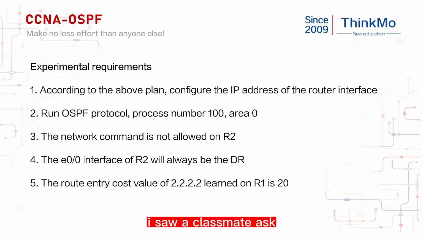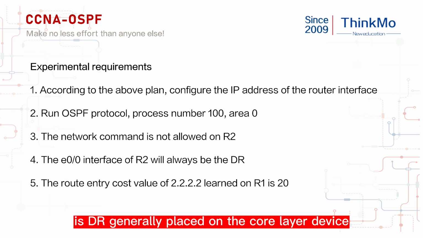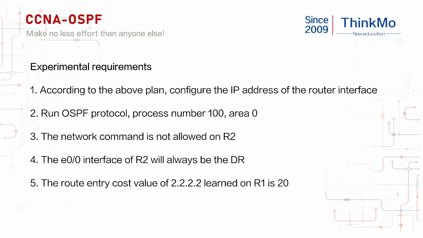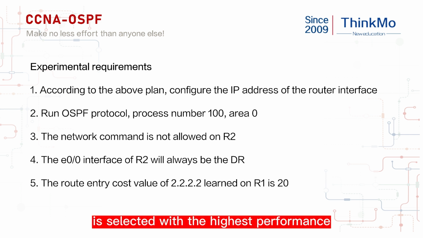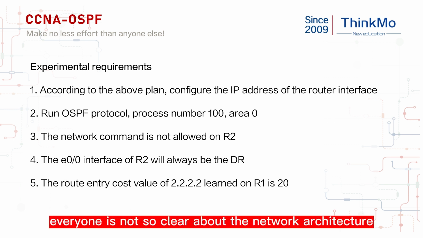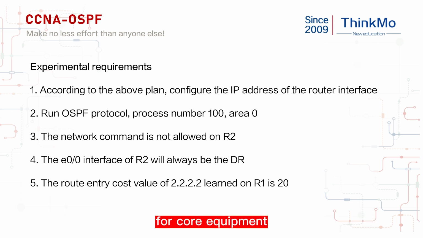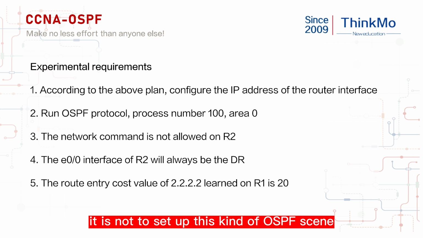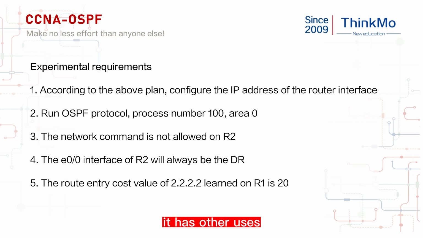I saw a classmate ask, is DR generally placed on the core layer device? Generally for us, not a core layer device. The core equipment is selected with the highest performance. But in fact, everyone is not so clear about the network architecture. For core equipment, we run OSPF there; in fact, it is not to set up this kind of OSPF scene. It has other uses.